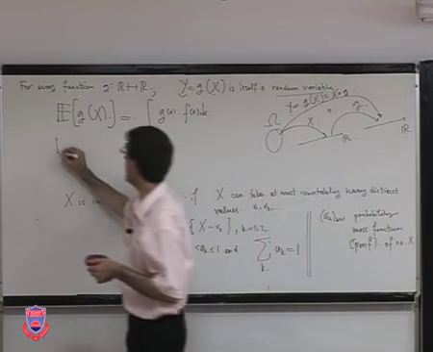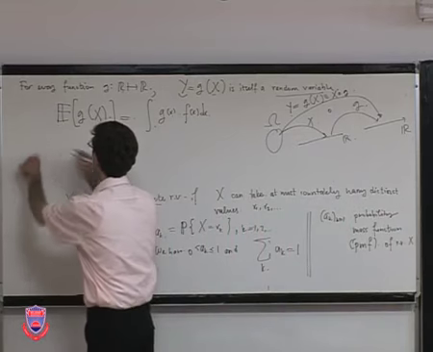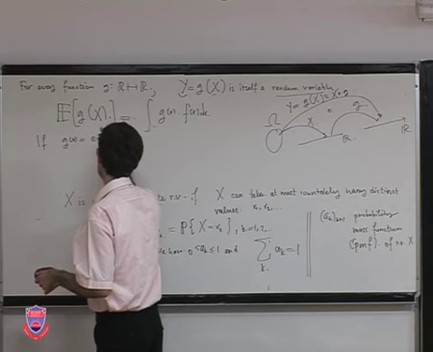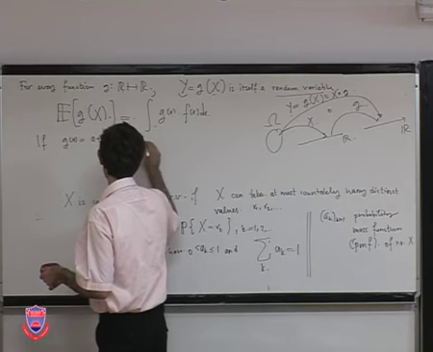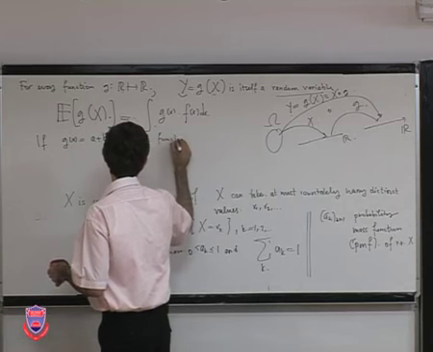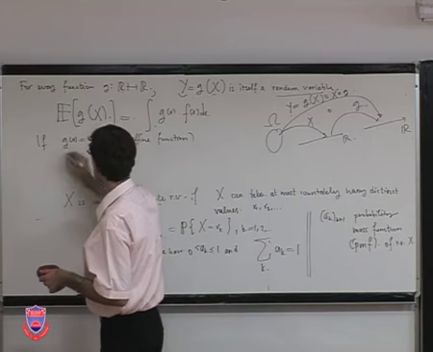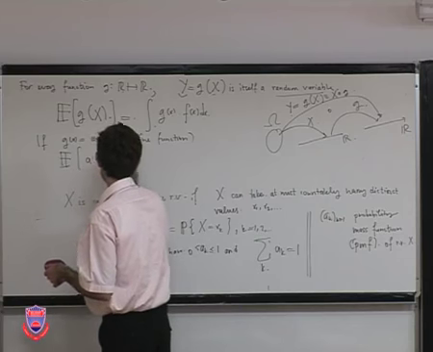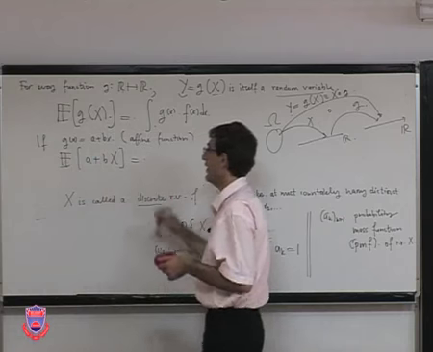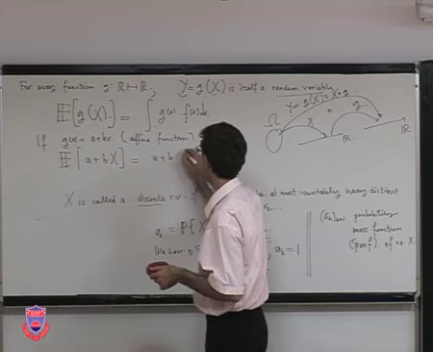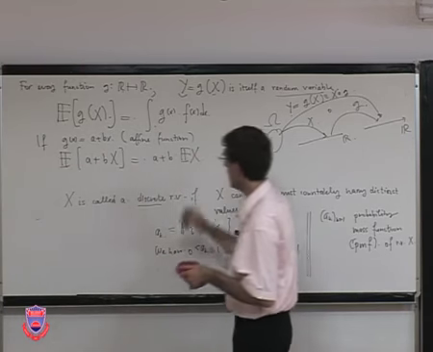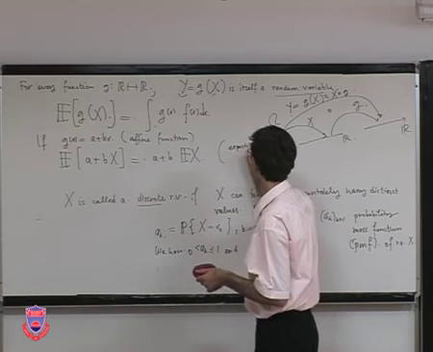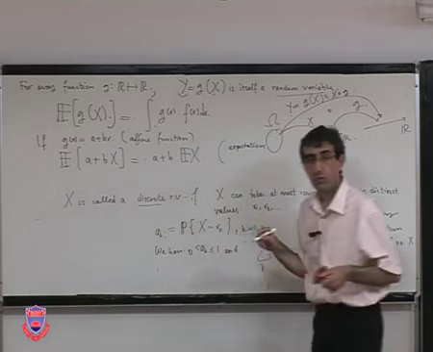And finally, if you take g of little x to be an affine function and use this one, you can actually show right away that this is the same as a plus b times the expected value of X. Namely, expectation is like an operator.